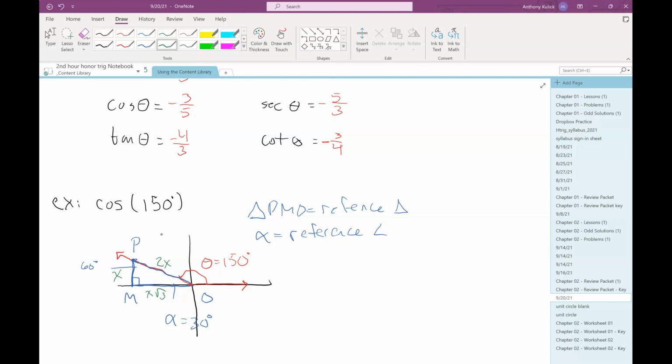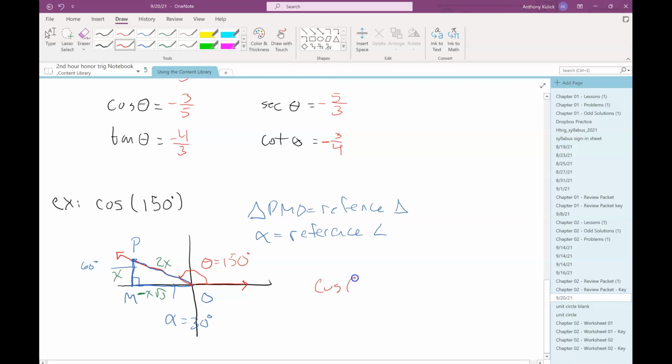What is the value of the x coordinate in the second quadrant? It's got to be negative. So I'm going to make this side length that's on the x-axis negative. Since this isn't actually a triangle with measurements, it's a representation of an angle measure, it's okay to do that. Everybody on board? So far, so good?